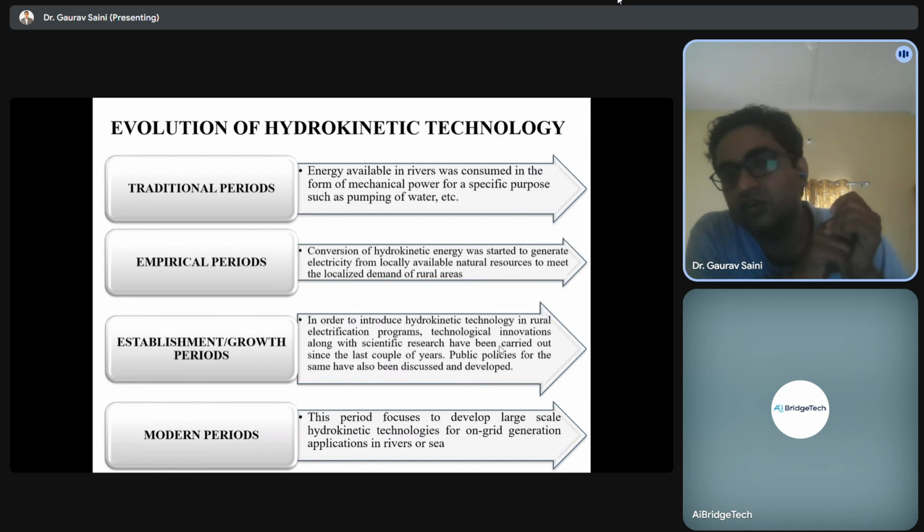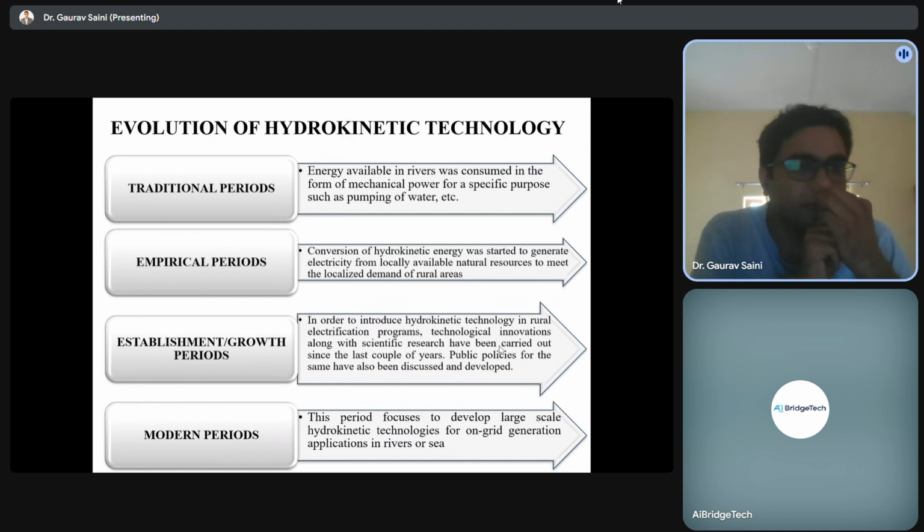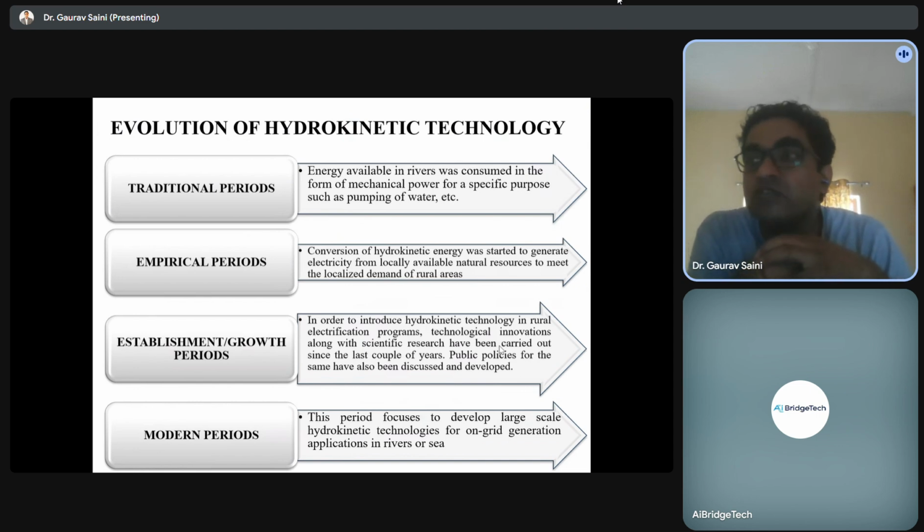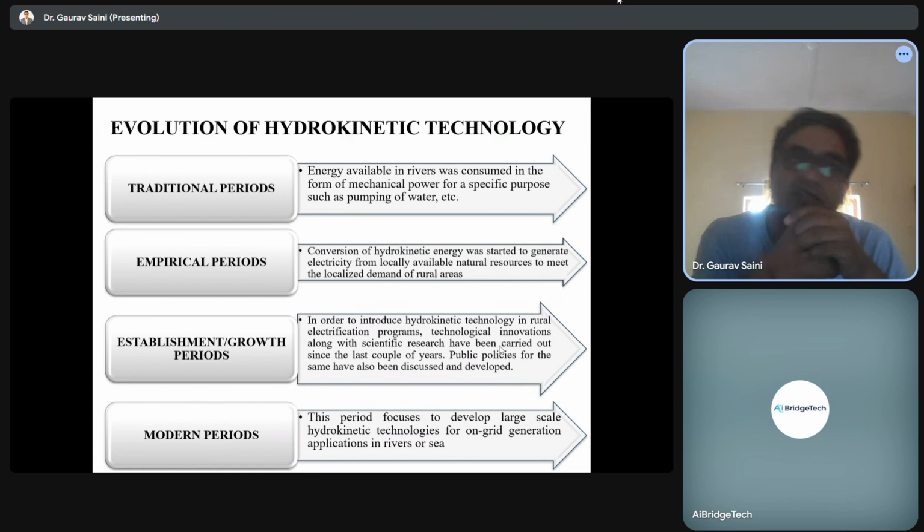And this is the growth period, or I would say the transition period, in which new technologies are being utilized to harness hydrokinetic energy. Technological innovations along with scientific research have been carried out over the last couple of years, and in some countries public policies for the same have also been discussed and developed.